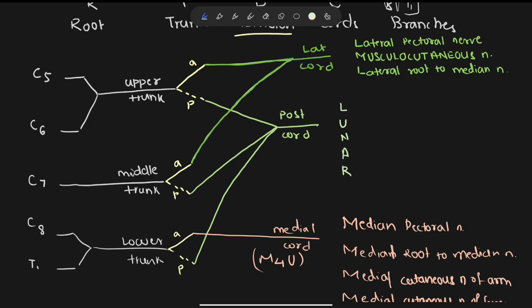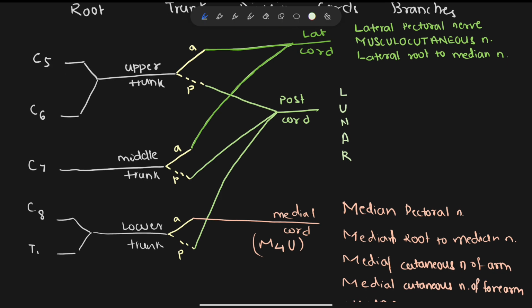Okay. From L, what do you think will come? Okay, let's do, from L is lower subscapular nerve. Okay, a lower branch of subscapular nerve. Subscapular, below the scapula, subscapular nerve. Okay, from U, this is upper, this will be lower.